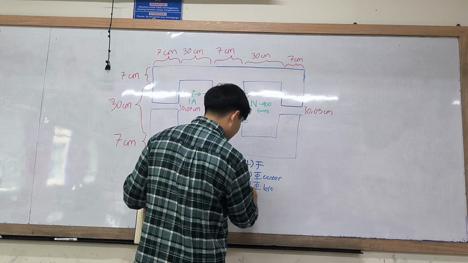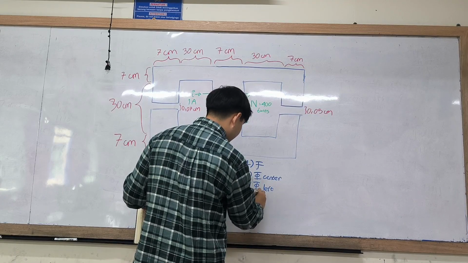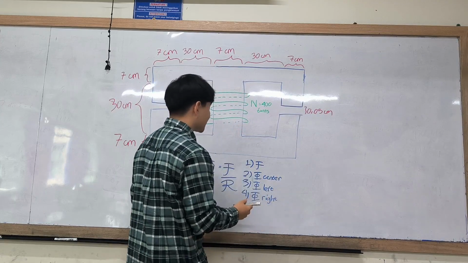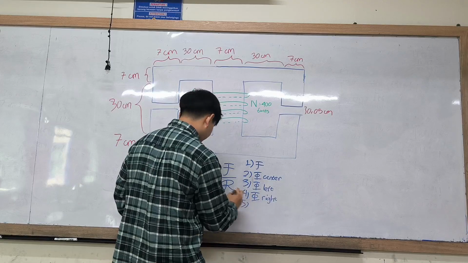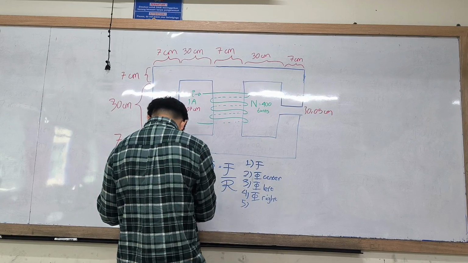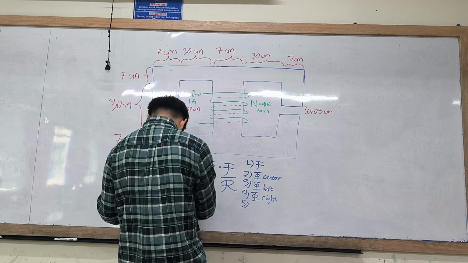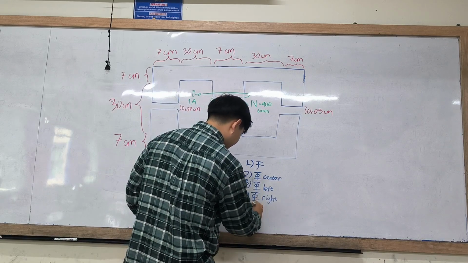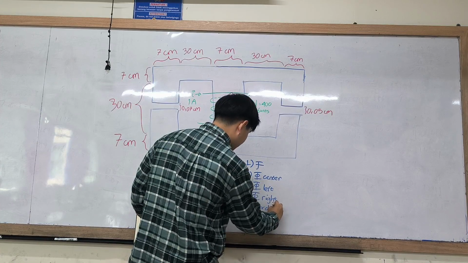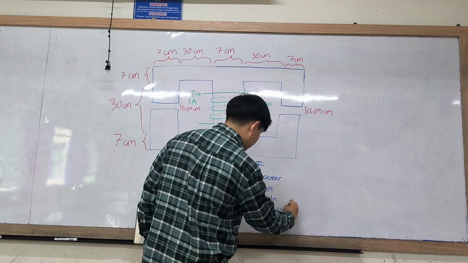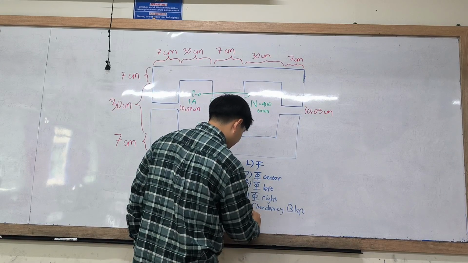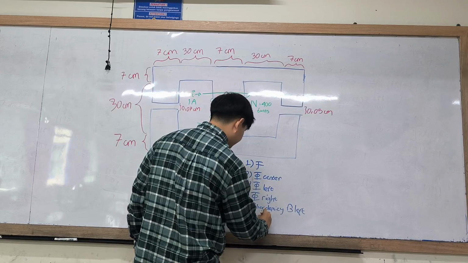The fourth is the magnetic flux of the right branch. I think it's more accurate to say branch than leg. The fifth is to find the flux density in the left leg. And the last one is to find the flux density in the right leg.